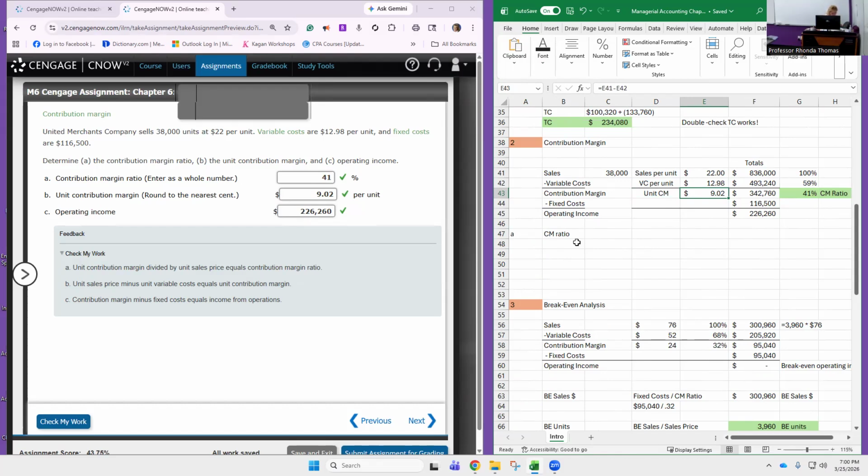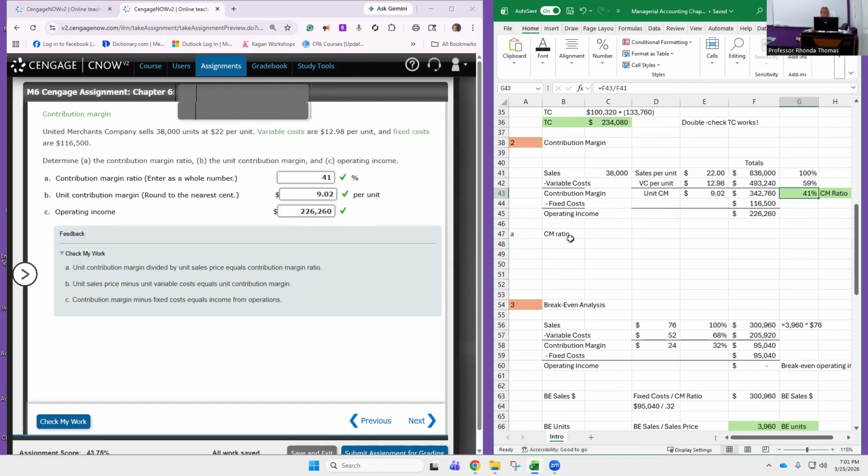If you get confused easily like me sometimes, I just commit it to memory and try to plug it in. You can take the contribution margin divided by sales. Contribution margin ratio is the contribution margin divided by sales. That's what gets this right here.